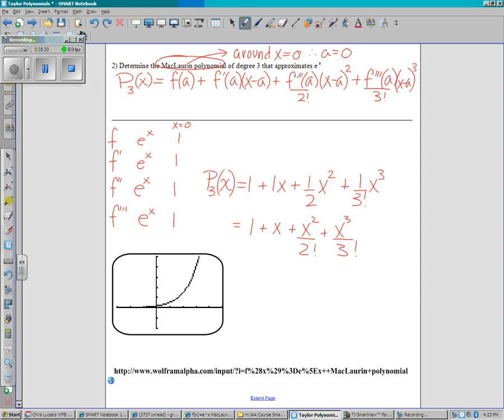And you can really see, we don't need to go much farther, but the next term is going to be x to the 4th over 4 factorial, x to the 5th over 5 factorial, and so on. It's just too cool. Okay?